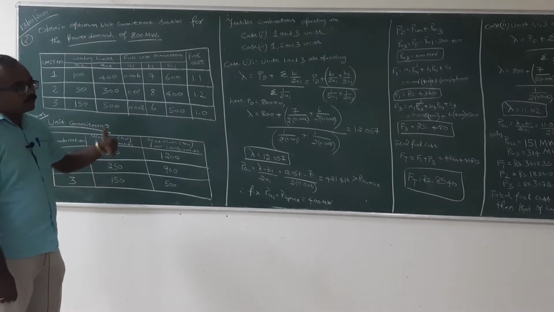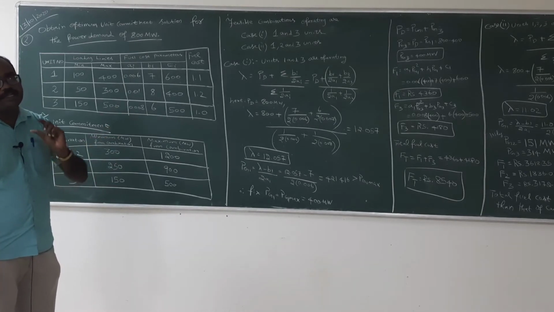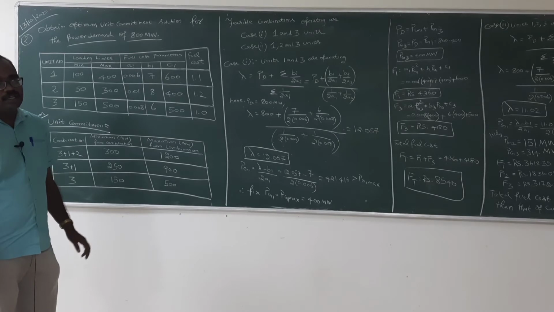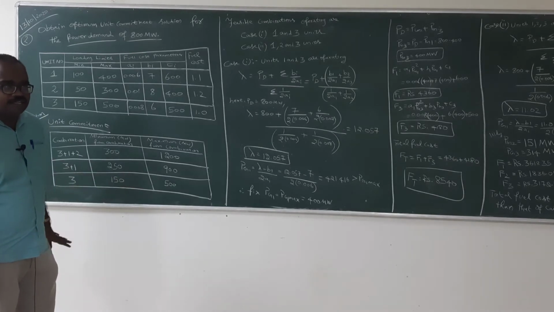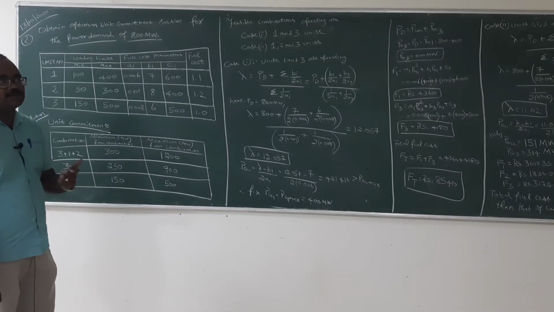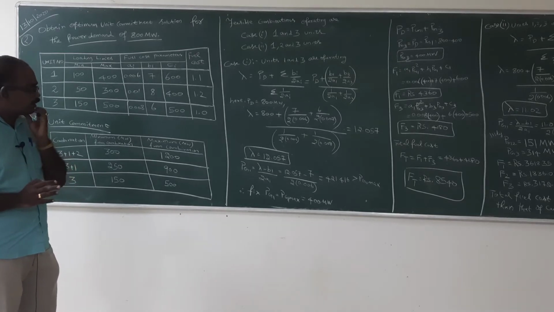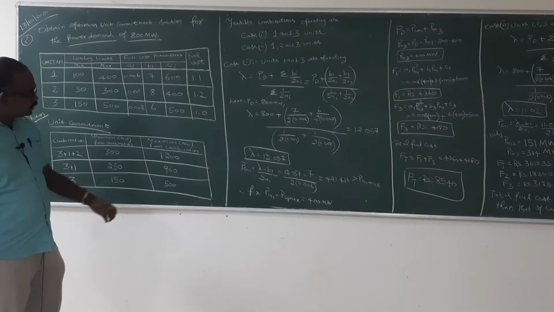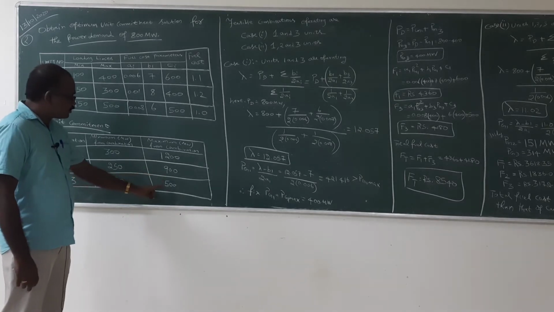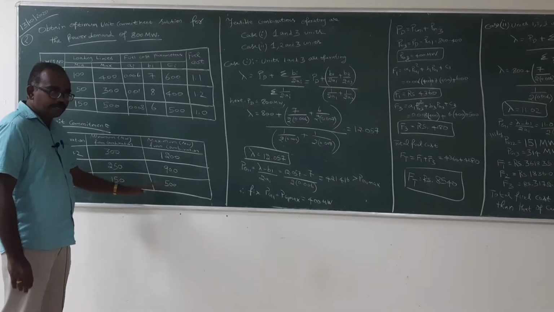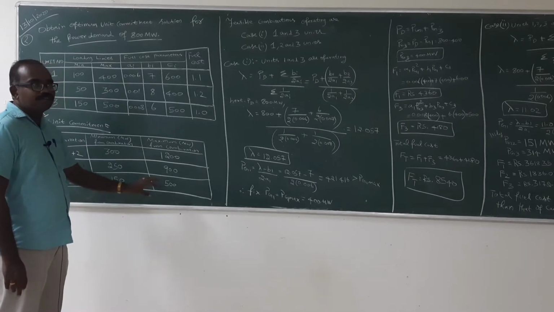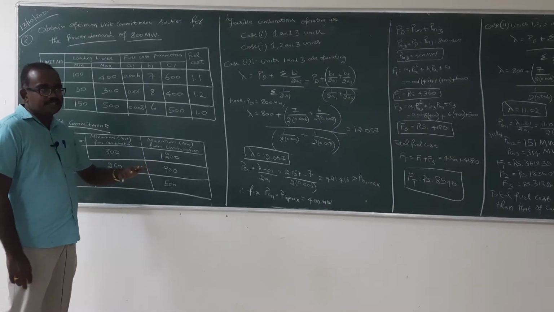In order to provide 800 megawatt, which combination can we take? We have to see the maximum limits. We can't take the 500 one because it will provide only unit 3's 500. So we can't take that unit.